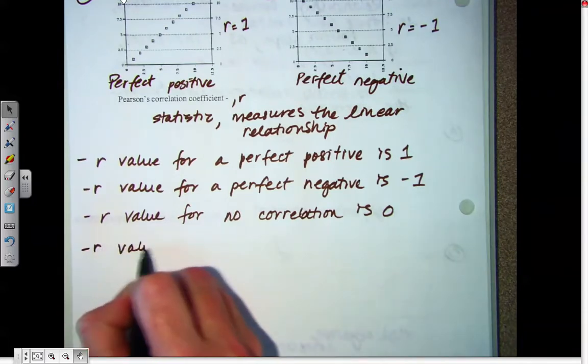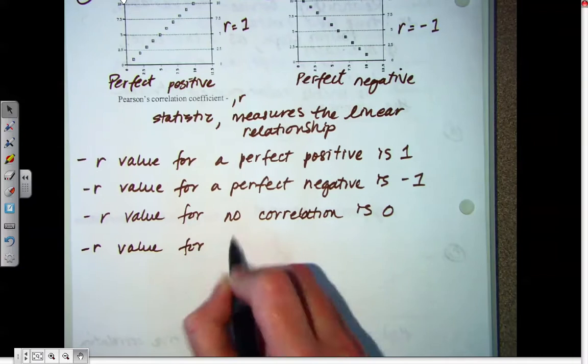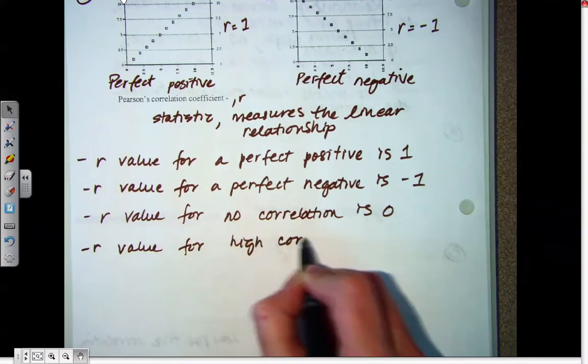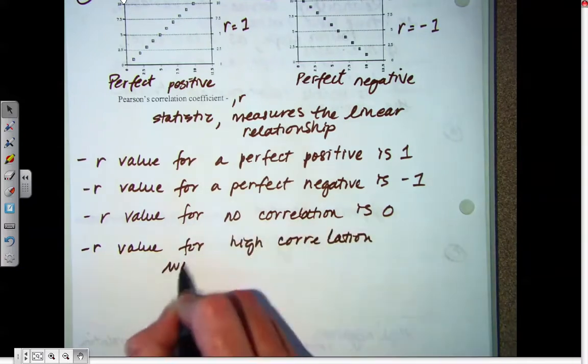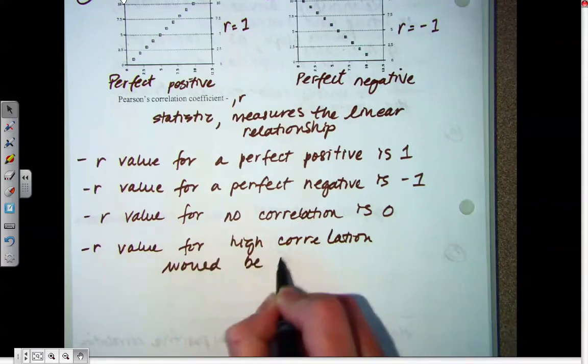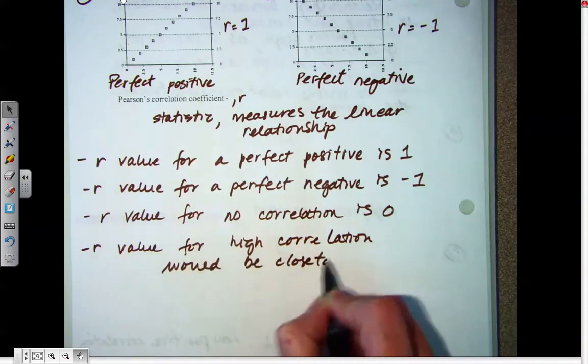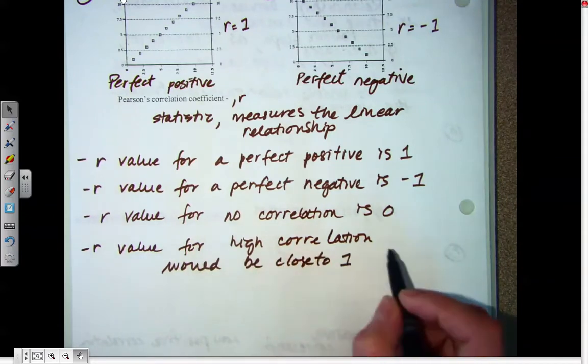All right, so if they're not perfect, the R value for a high positive correlation would be close to 1, but it wouldn't be exactly 1.